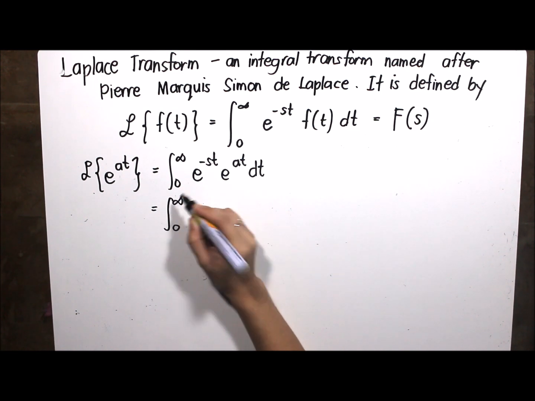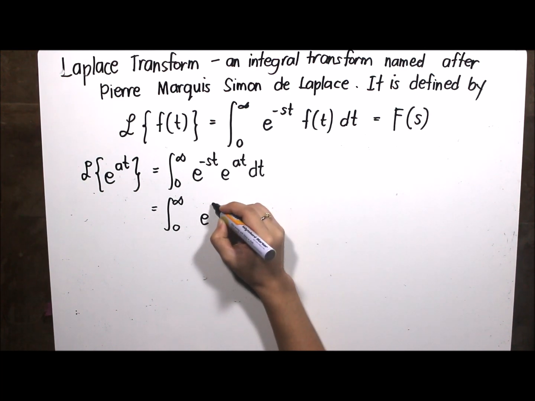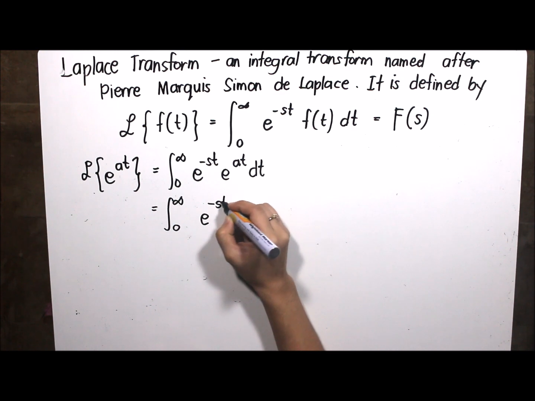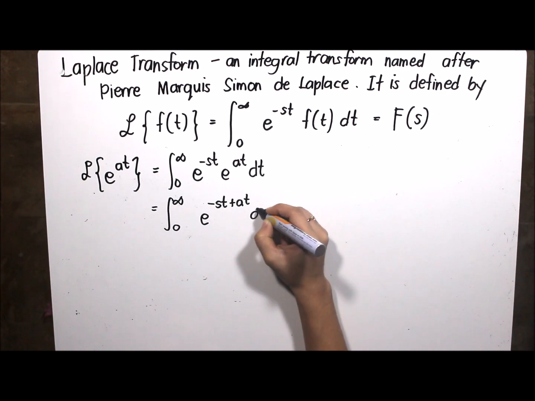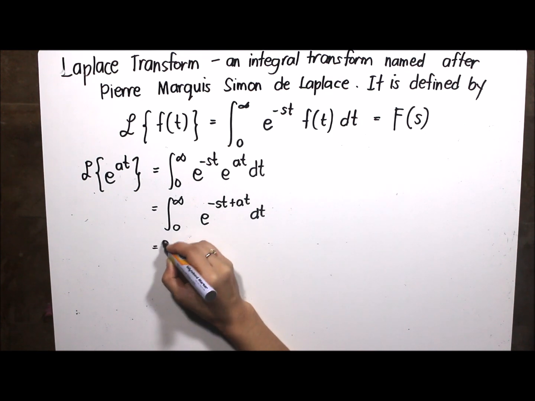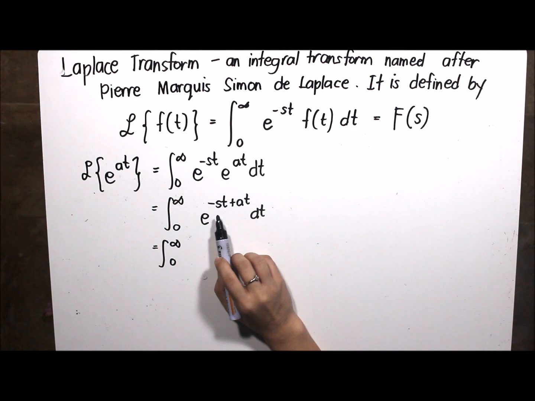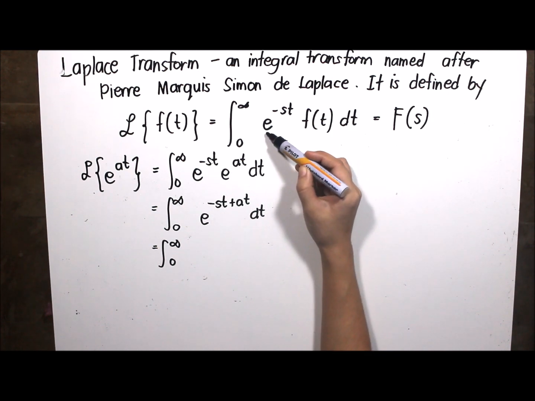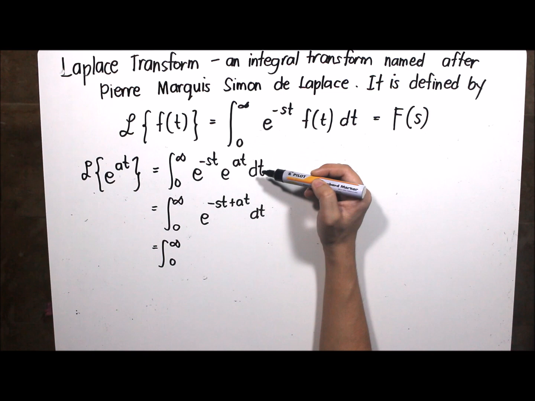From 0 to infinity. We're going to copy the base. And then we will have negative st plus at dt. This could instead be written as, igaya natin to dun sa kanina natin na there exists an exponential function with a negative exponent para mamaya pag nag-apply tayo ng limits, pwede natin ulit siyang ibaba.